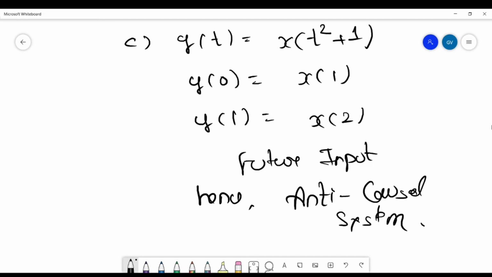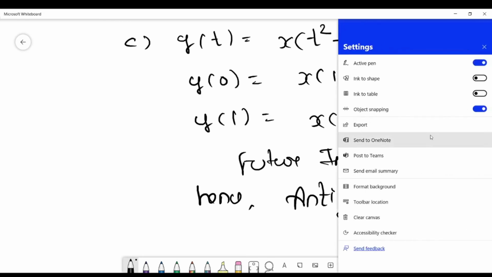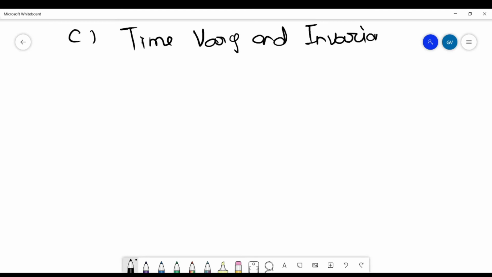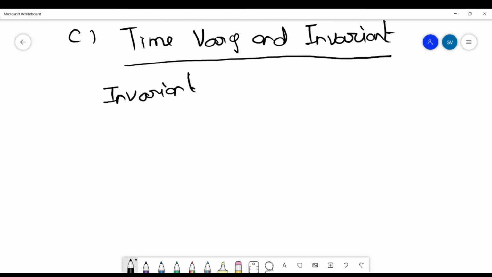Now let's move forward to understand time variant and time invariant type of a system. So the third is time variant and invariant. Now I'll take an example to make you understand easily what is time variant and time invariant. Now we are writing a definition to understand it better.